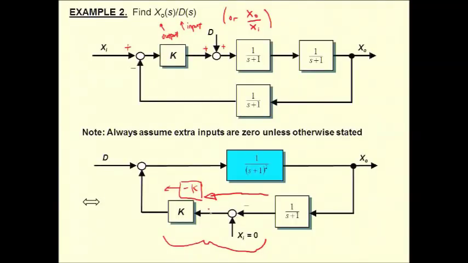So this signal is negative that signal, which is equivalent to if it was a positive signal and we multiplied it by negative 1 to change its sign. And then I can combine the negative 1 with the k, because they're in series, and I'm left with negative k as a gain. All right? So a few steps there, I suppose, in thinking. But that's the equivalent of it.